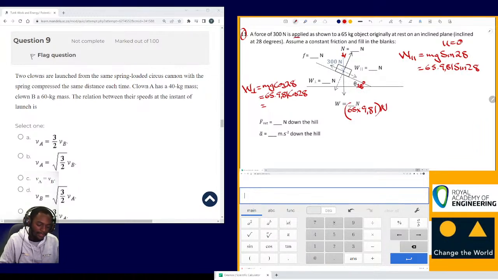What else can we easily complete? We have actually completed the component of the weight down the slope. We've also completed the weight perpendicular and the actual weight.